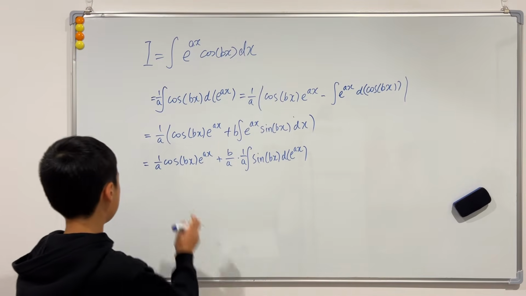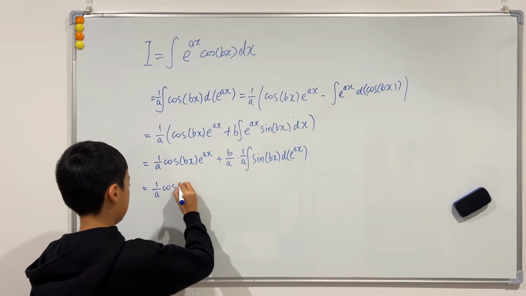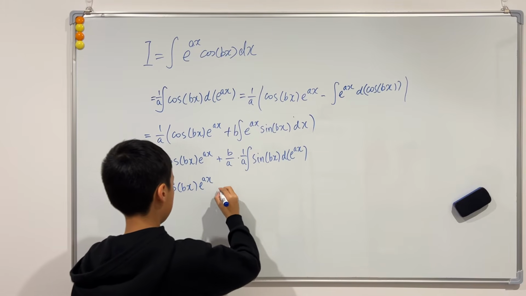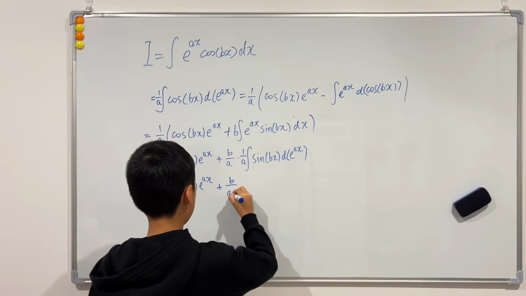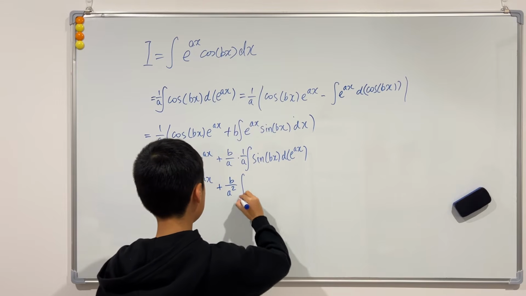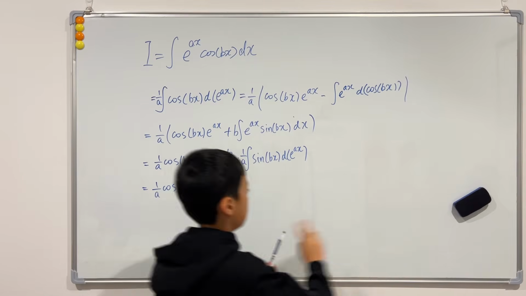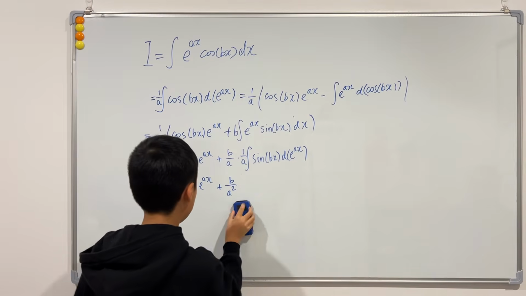So again, this will be 1 over a cosine of bx e to the ax, then plus this is just b over a squared times the integral of, we have to do integration by parts, so it's not an integral anymore.